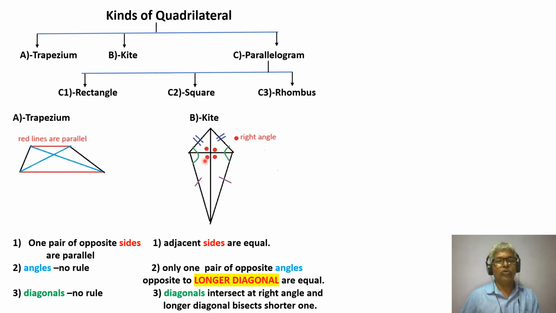It divides it into two equal parts. So remember these properties of the kite. You may have to use them for solving the examples. Got it? So we'll move ahead.